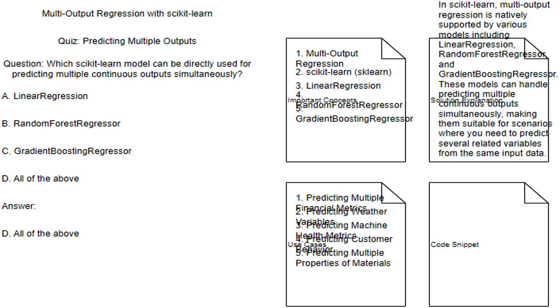Multi-output regressor is a wrapper class in scikit-learn that allows for predicting multiple outputs simultaneously. It takes a single estimator like linear regression, random forest regressor, or gradient boosting regressor and replicates it for each output, making predictions for all targets at once.